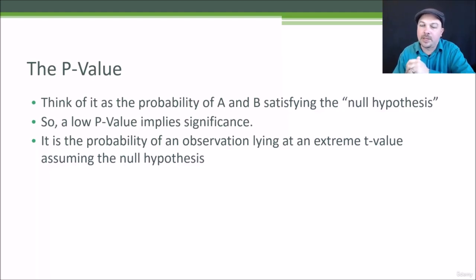That is, the probability that there is no real difference between the control and treatment's behavior. So a low p-value means there's a low probability of it having no effect. Kind of a double negative going on there, so it's a little bit counterintuitive. But at the end of the day, you just have to understand that a low p-value means that there's a high probability that your change had a real effect. So what you want to see are a high t-statistic and a low p-value, and that will imply a significant result.